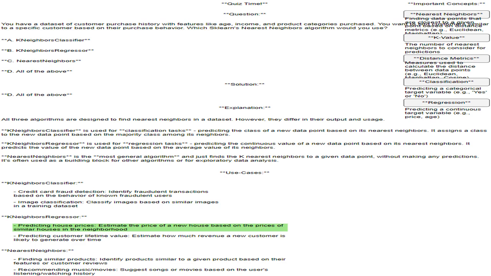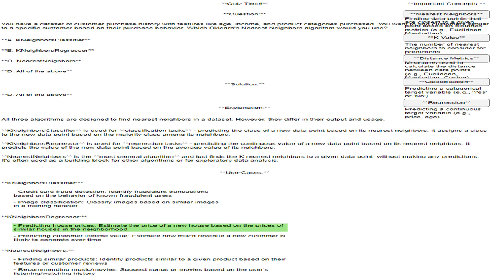25, 500, high. 30, 700, high. 35, 400, low. 40, 600, high. 45, 800, high. Now, if you want to classify a new customer with age 32 and income 65,000, you can use K-neighbors classifier with K=3, considering 3 nearest neighbors.